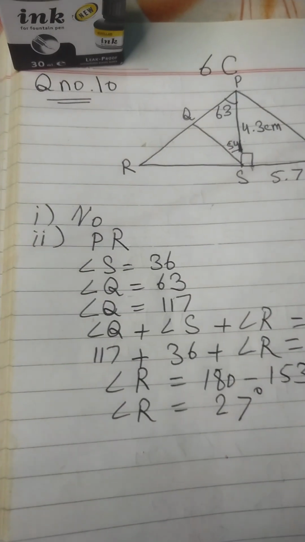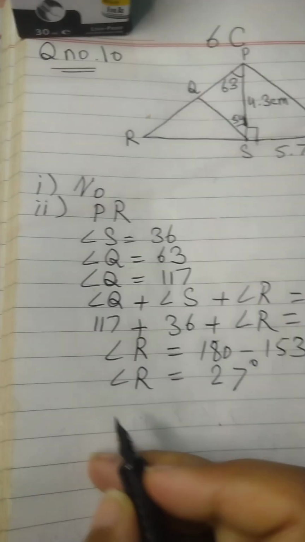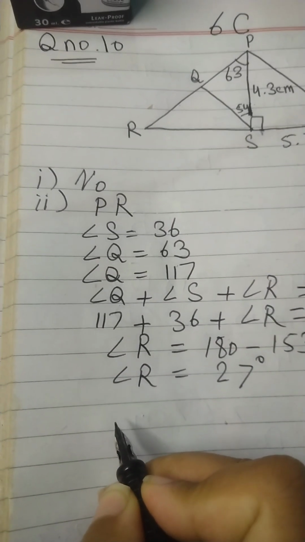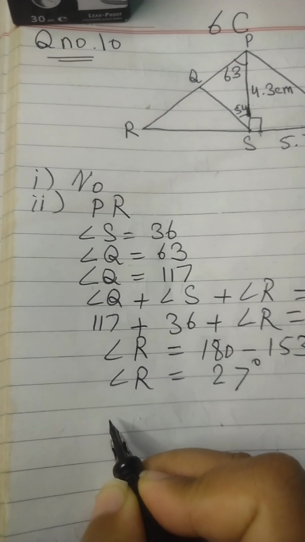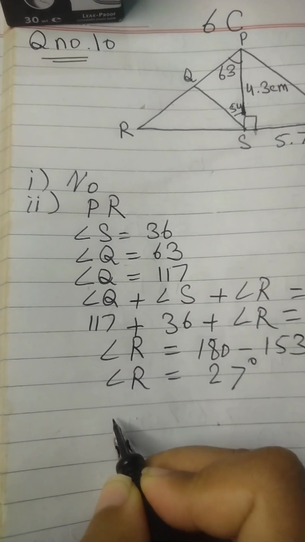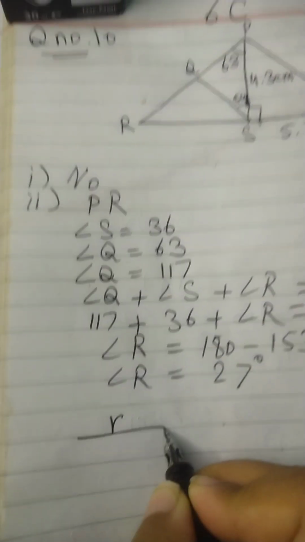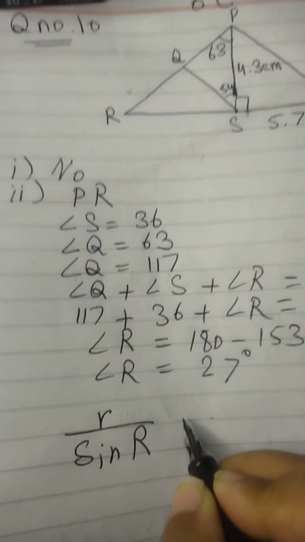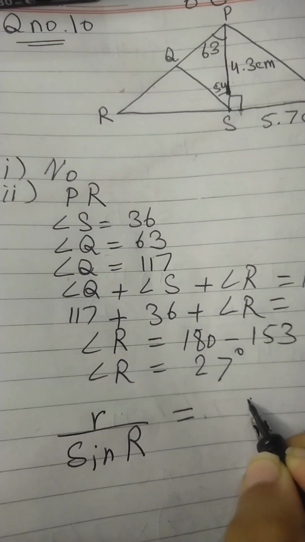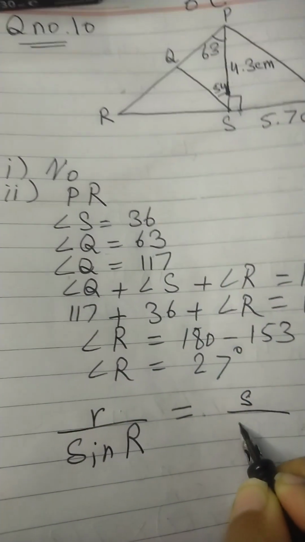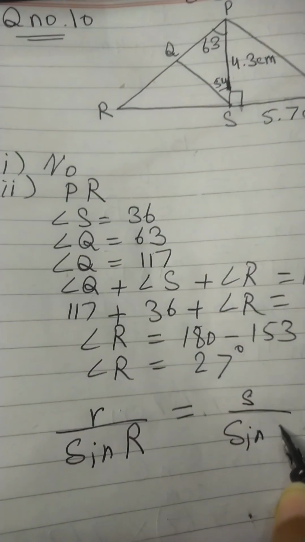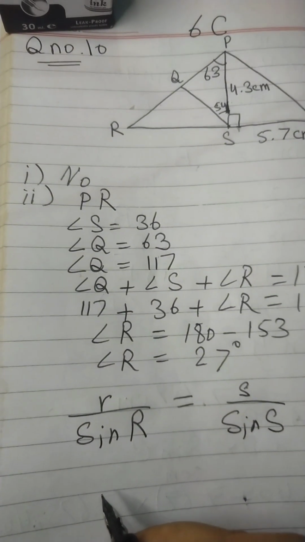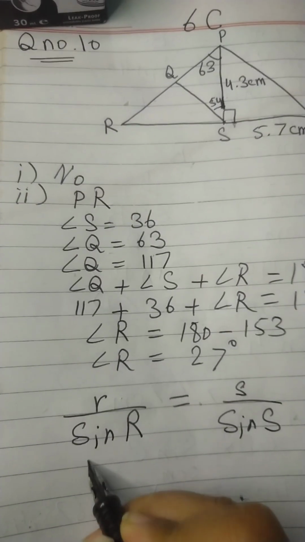Now we can easily apply the sine rule. Small r over sine R is equal to s over sine S.